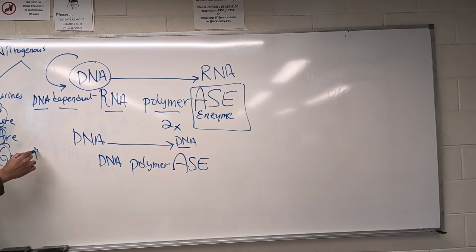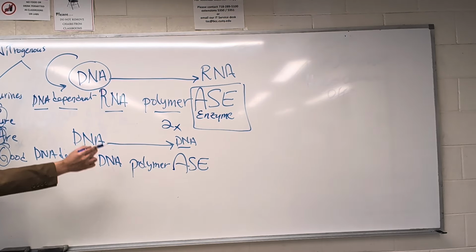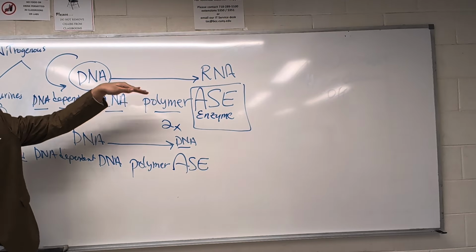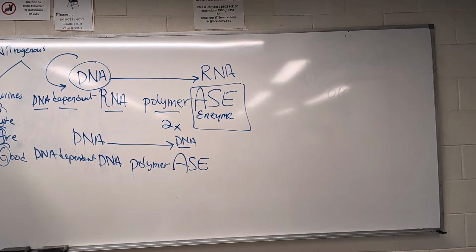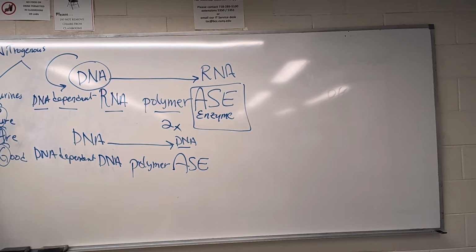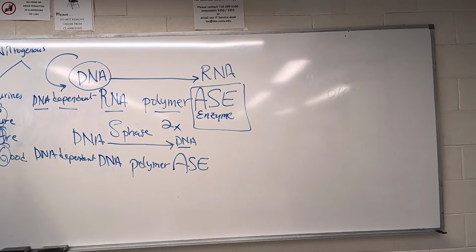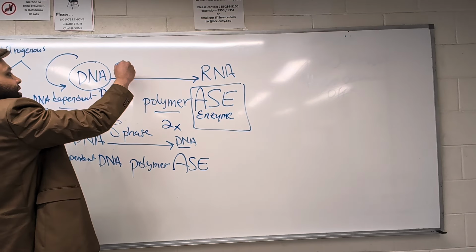DNA. So we call that DNA dependent DNA polymerase. Can you tell the difference between DNA dependent RNA polymerase and DNA dependent DNA polymerase? Is that clear? The DNA dependent DNA polymerase doubles up the DNA in the S phase of the cell cycle to prepare for mitosis, while DNA dependent RNA polymerase is going to be in transcription.